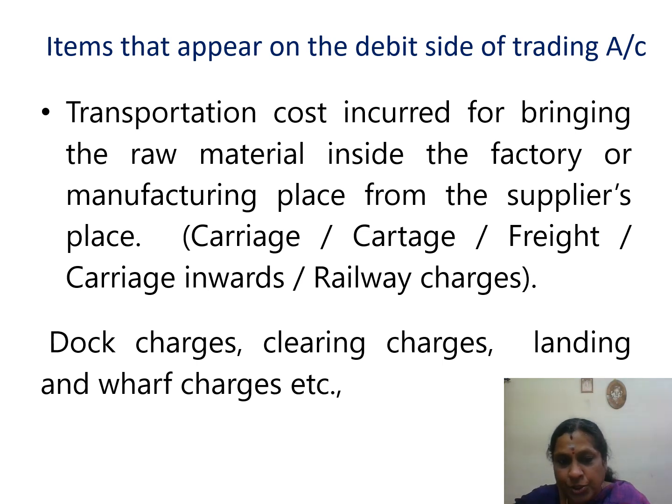And there are also charges like dock charges, clearing charges, landing and wharf charges. These are incurred if the materials are being unloaded in the port. So something paid to the authorities for clearing the materials is called dock charges, clearing, landing and wharf charges.